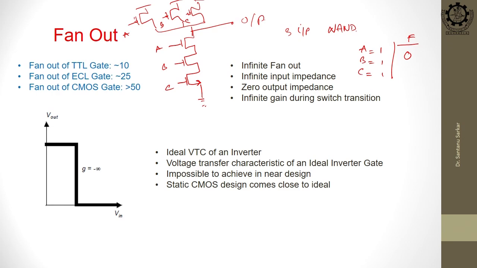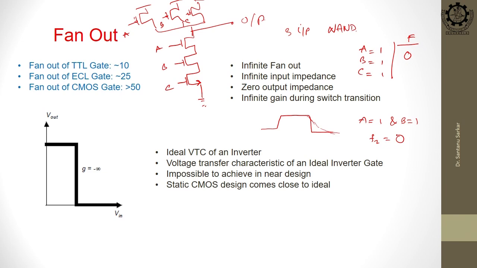Now, can you see that compared to a 2 input NAND gate, a 3 input NAND gate will take more time to go to 0? Will you agree with this statement? Suppose I have a 2 input, A equal to 1 and B equal to 1, then F will go to 0.